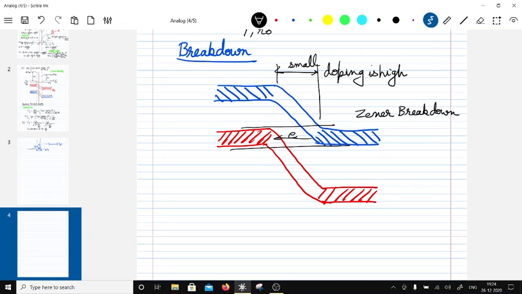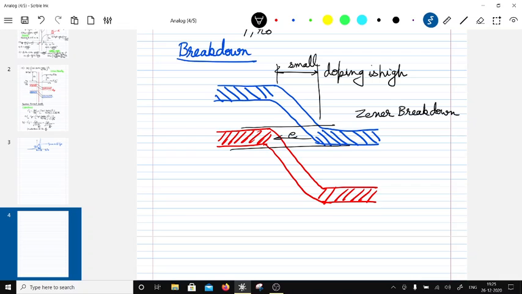Now when they are far apart, so when this is not small, what is going to happen is the electrons gather over here, and they keep on accumulating energy.